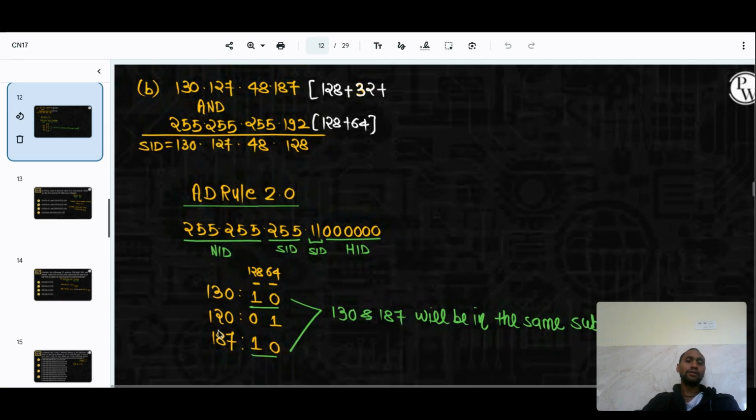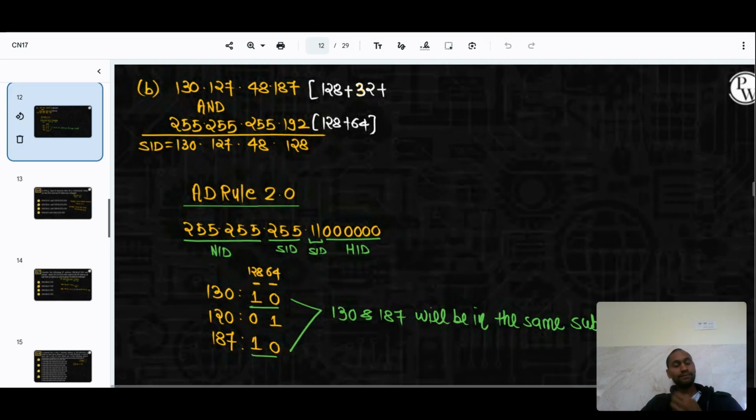Because 128 plus 2 is 130, there is no need to check the 2, because the SID part is the only focus. 128 will not match, 64 as well, so no need to check the other one.